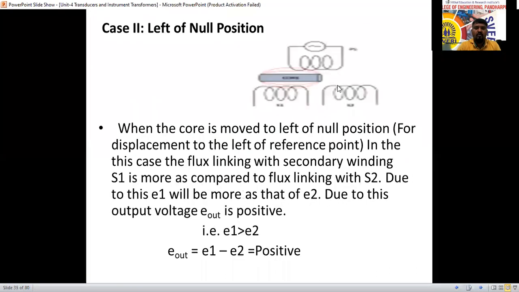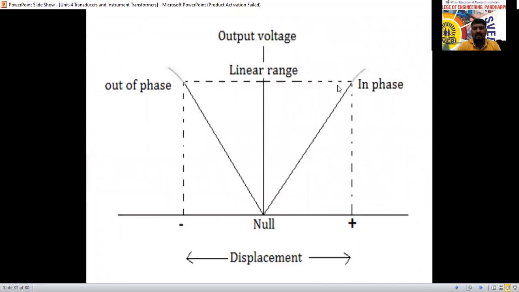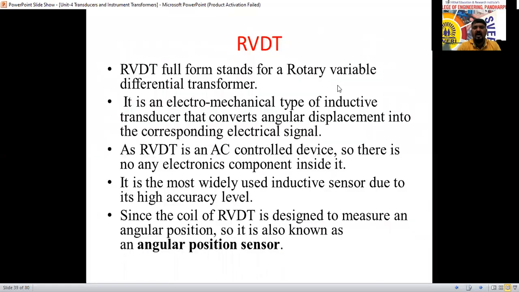Then we will go for a similar device. The operation is the same, only the diagram is changed. That is called RVDT. For linear displacement we have used LVDT. Here, for the rotating part, it has an iron core.